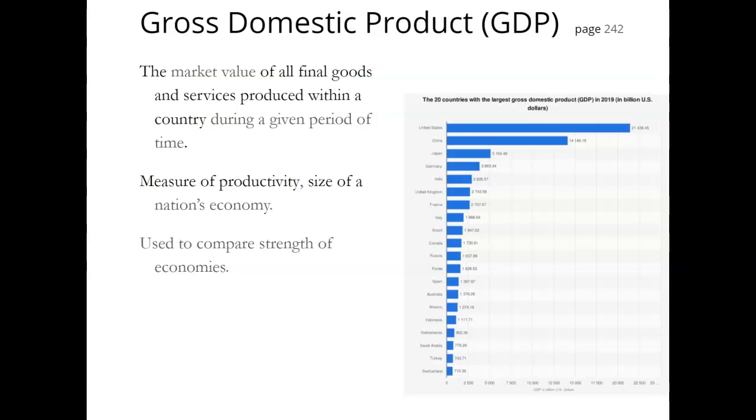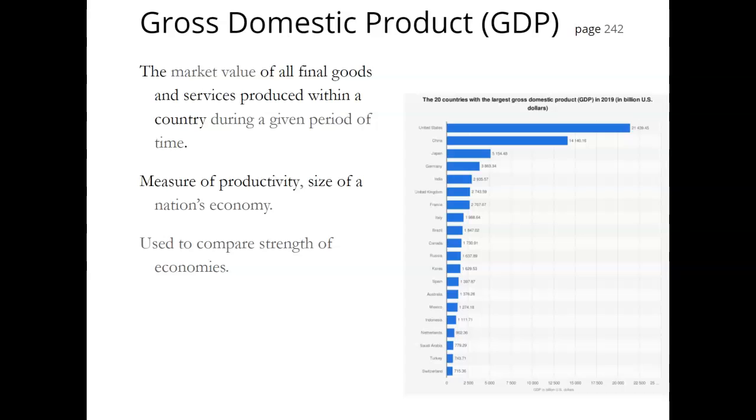So again, the gross domestic product is the market value of all final goods and services produced within a country during a given period of time. It measures productivity and the size of a nation's economy. It's used to compare strength and size of economies.